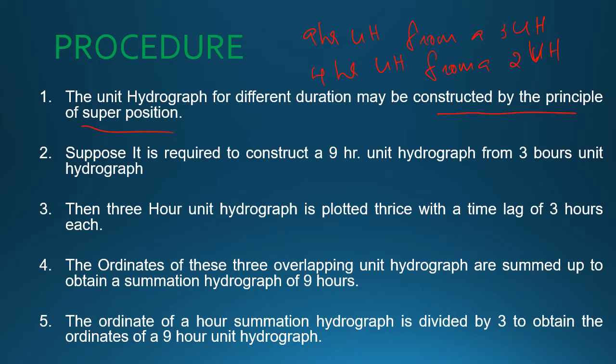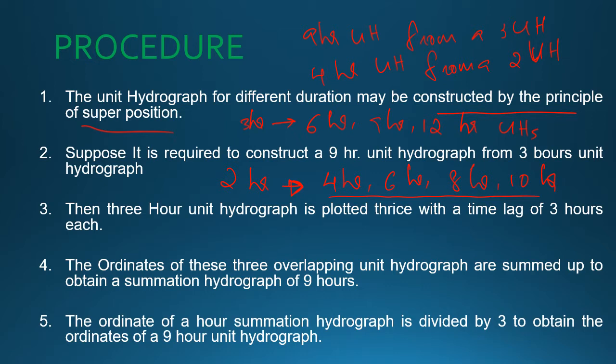That is, if a 3-hour unit hydrograph is given, you can construct 6-hour, 9-hour, 12-hour unit hydrographs, or if a 2-hour unit hydrograph is given, you can find a 4-hour, 6-hour, 8-hour, 10-hour. We can find all the unit hydrographs, provided that the unit time to be found is a multiple of the unit time of the given unit hydrograph.